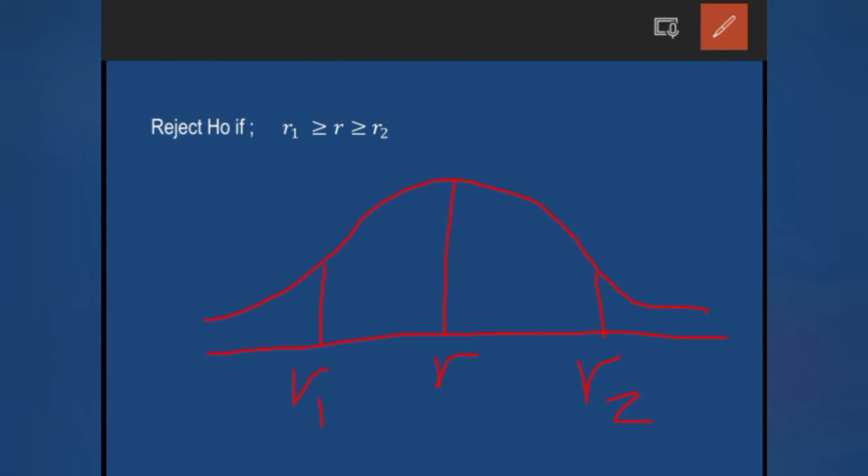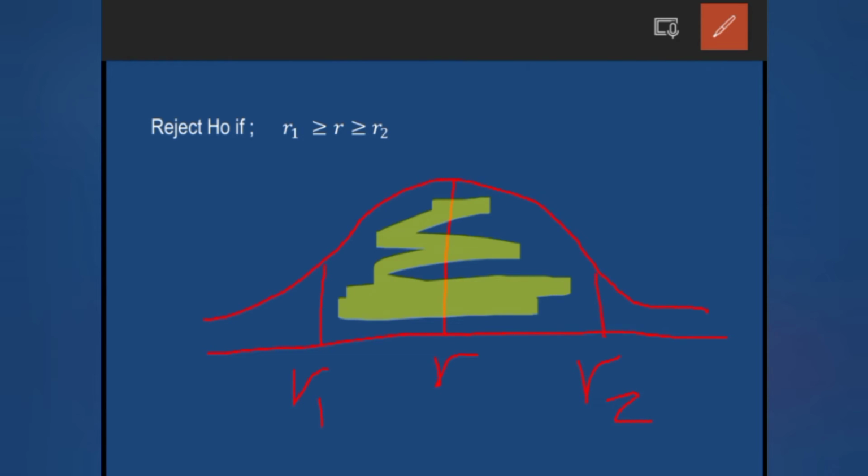If the observed value of R falls between the critical values, we accept the null hypothesis. If the observed value of R is equal to or more extreme than one of the critical values, we reject H0. Dito, in between, accept natin yung H0. Rejection region dito.